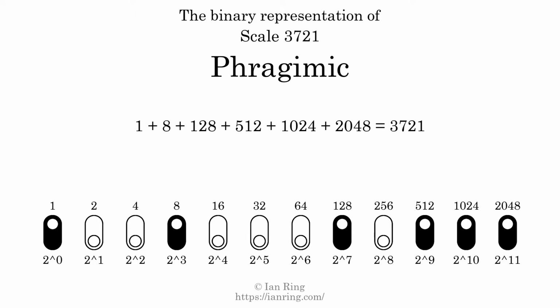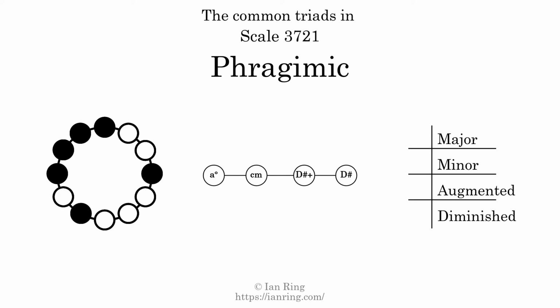That is why the scale number, in decimal, is 3721. The scale number not only enumerates the scale with a unique index, but it also literally describes the tonal content of the scale. Represented as a binary number in base 2, the scale number is 111010001001. Here are the common triads present in this scale.